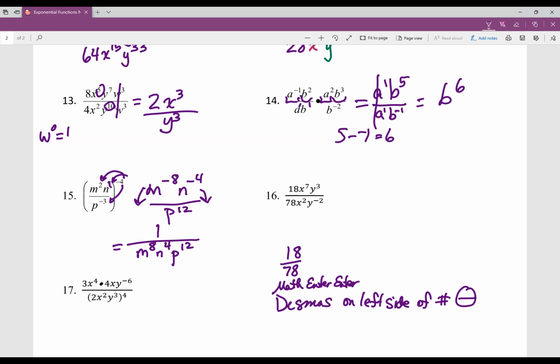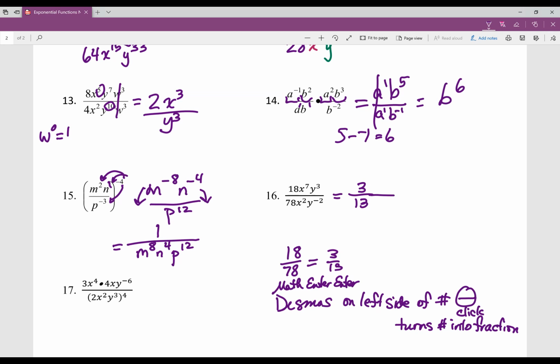It looks like this. If you click this, it turns it into a fraction, if it gave you a decimal. So this turns out to be 3 over 13. So I'm going to write that as a fraction.